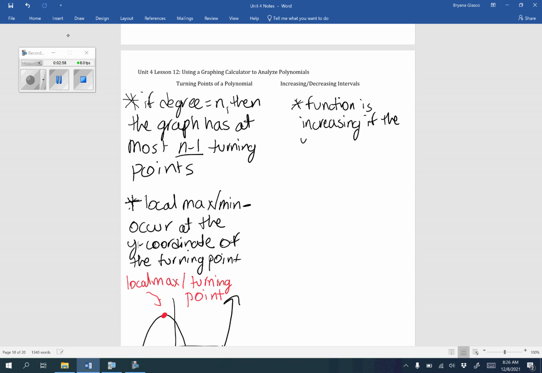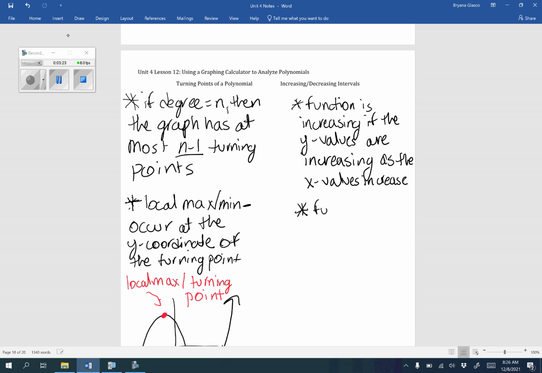The graph is increasing if the y values are increasing as the x values increase as well, okay? Because remember, in this case, we are reading a graph left to right, so our x values should always increase.